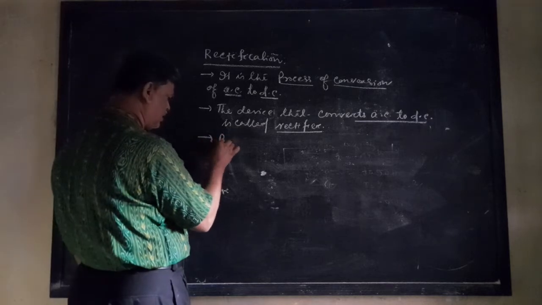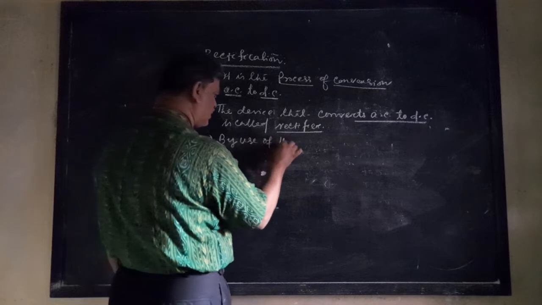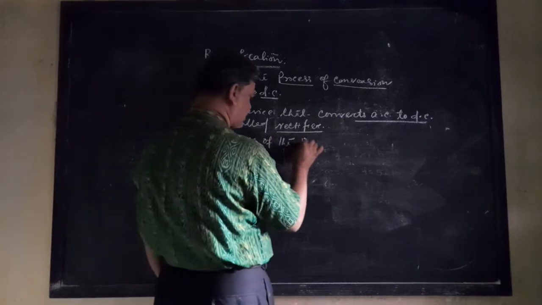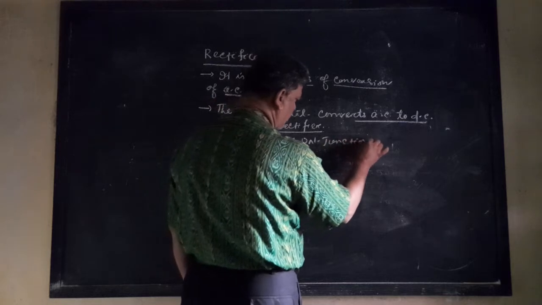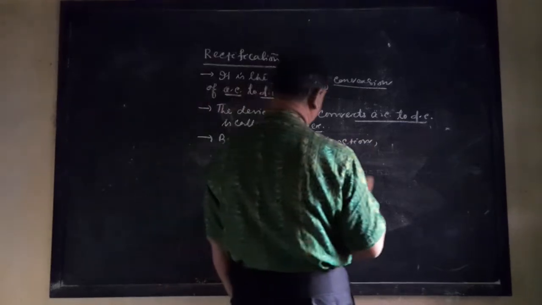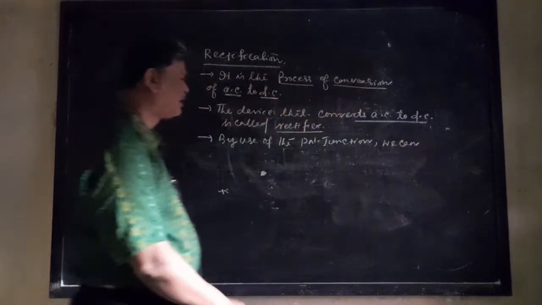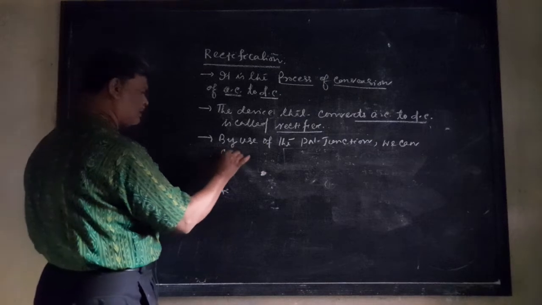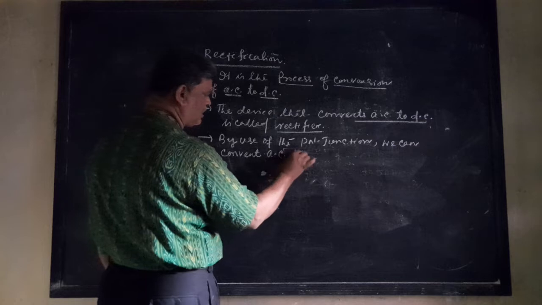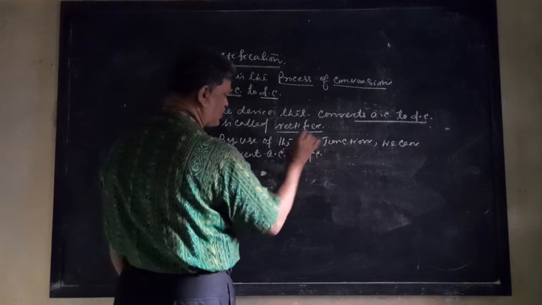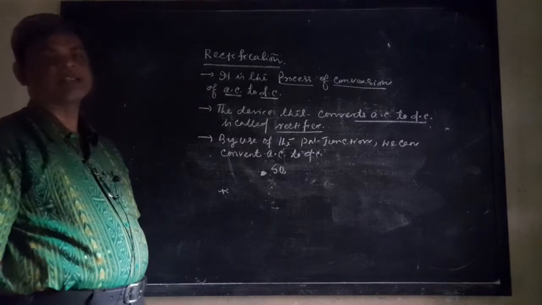By the use of the PN junction, we can convert AC to DC. So the PN junction acts as a rectifier.